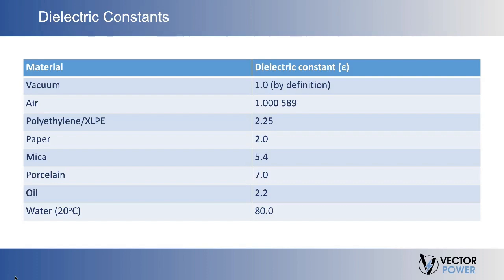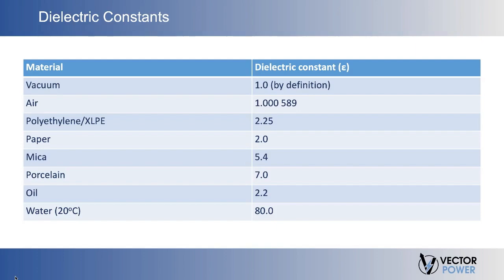Now, as we get into various materials, polyethylene or cross-linked polyethylene has a dielectric constant of about 2.25. Ethylene propylene rubber would also have a dielectric constant in and around the 2.27 area. Paper would have a dielectric constant of 2, mica 5.4, porcelain 7, oil 2.2, and water at 20 degrees Celsius would have a dielectric constant of approximately 80.